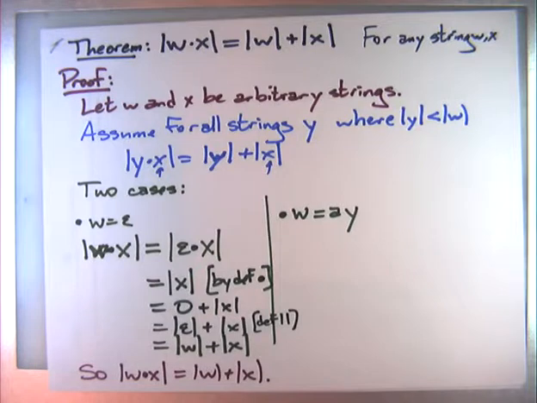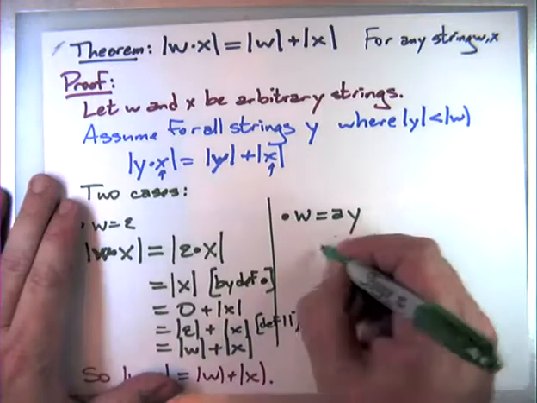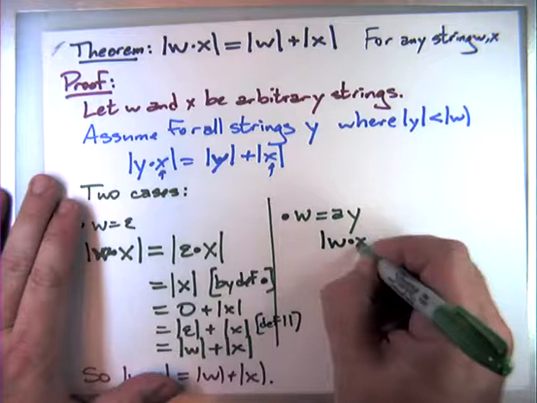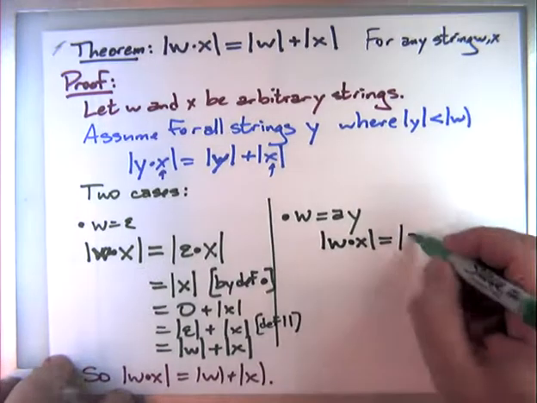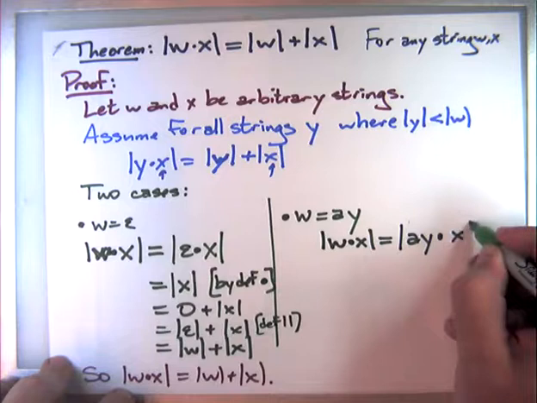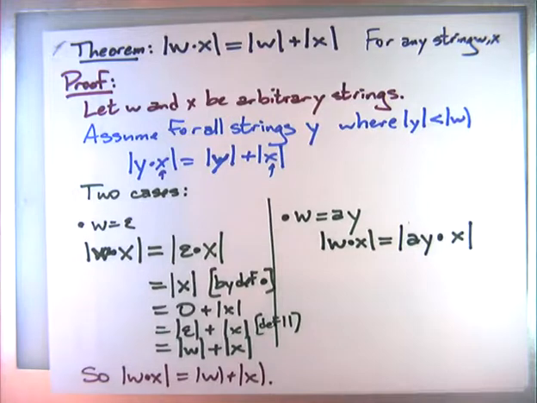Okay. What about the second case? w is equal to a.y. All right, so again, what can I conclude mechanically about the length of w.x? I substitute a.y for w. Right?